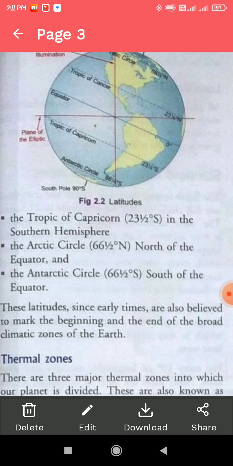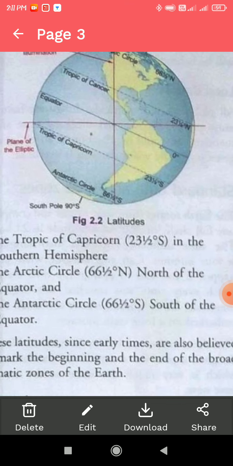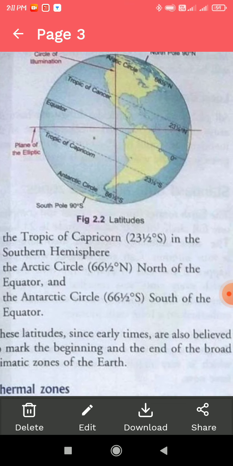These latitudes since early times are also believed to mark the beginning and the end of the broad climate zones of the earth. Knowing this can help us to know about the climatic zones of the earth.